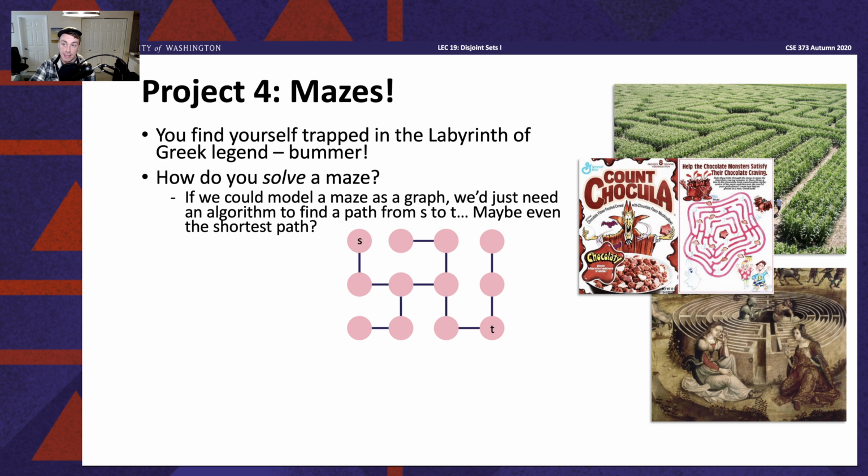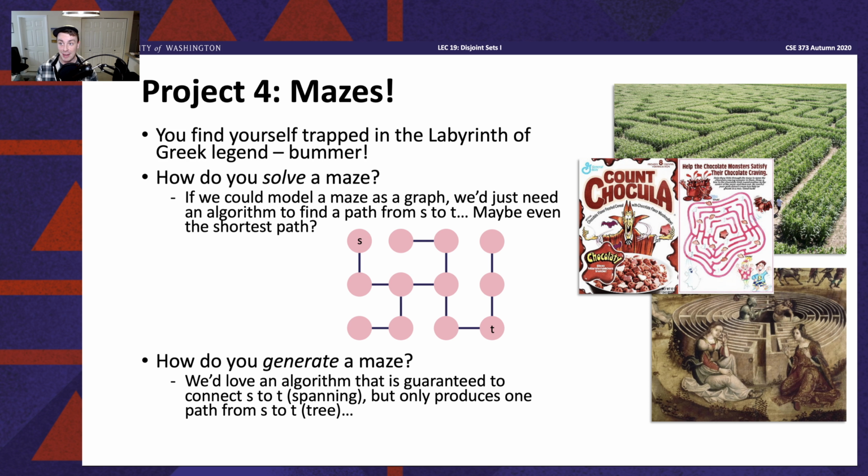And in this project, we're going to essentially model the maze as a graph. Then getting out from the starting point to the ending point is in some sense just trying to find the shortest path through the graph. So that might be giving you a hint of what type of algorithm you might want to use to solve the maze. In the second part of the project, we're actually going to have you generate mazes.